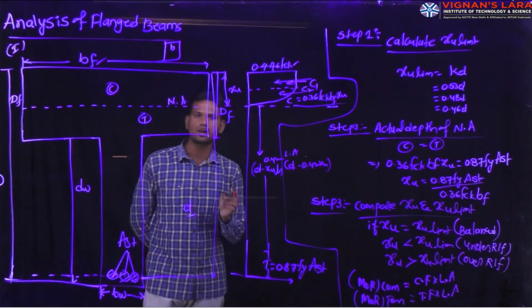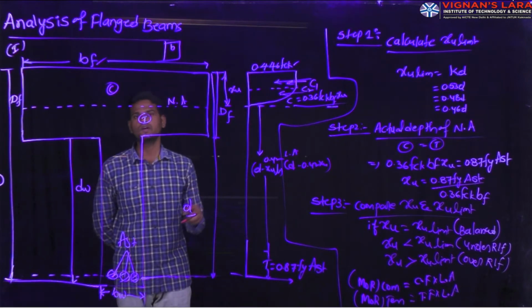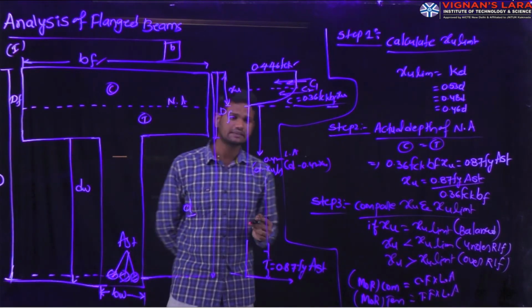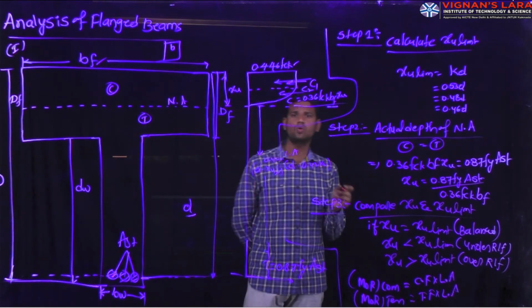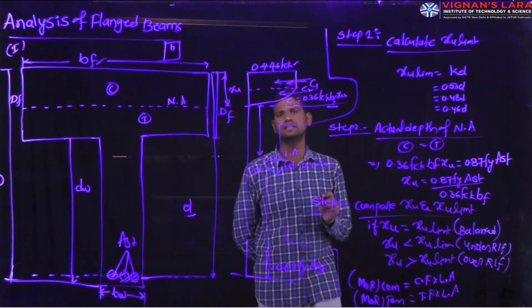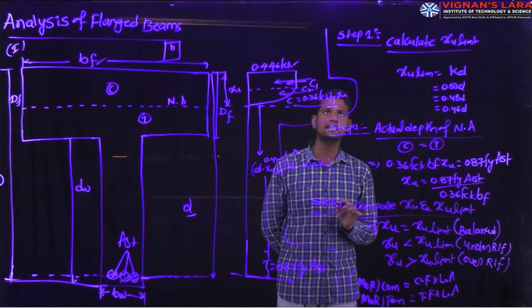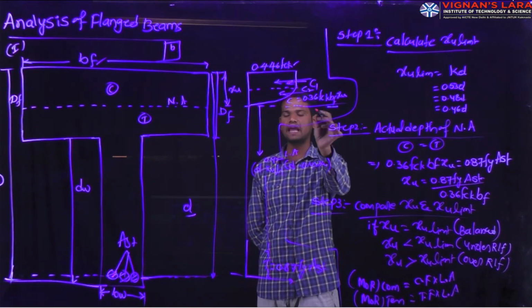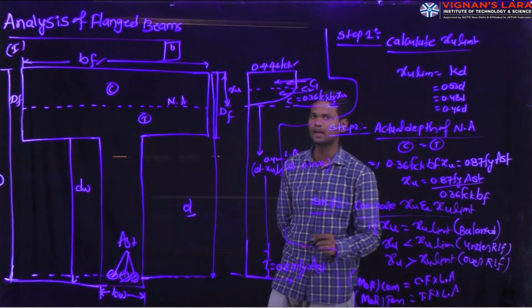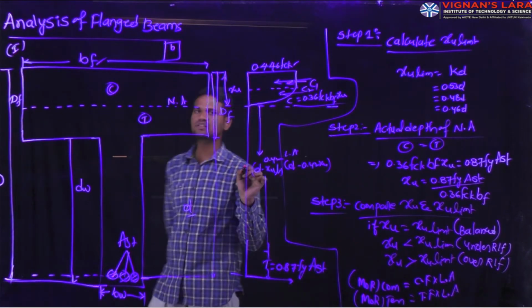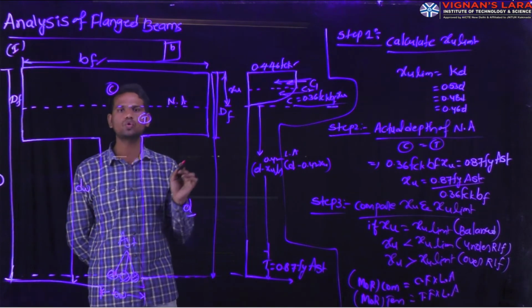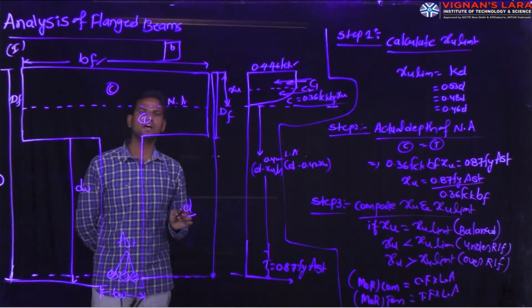How we calculate this lever arm for different types of beams, we have already discussed in our previous class. In your examination, they won't ask all this analysis procedure; they will ask only the design procedure. This is how the compressive force and tensile force act on the beam. After calculation of the total compressive force and total tensile force, we have to calculate the moment of resistance.